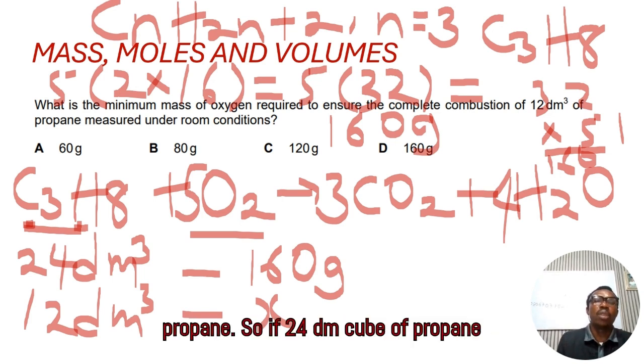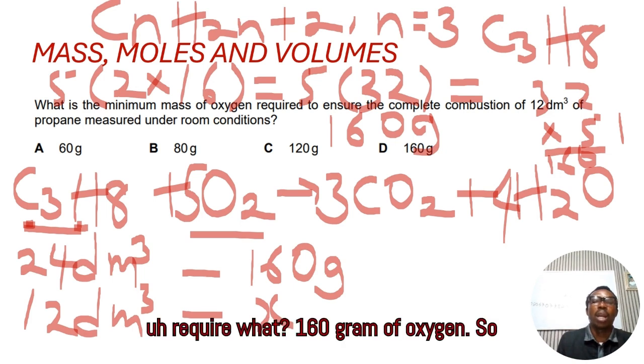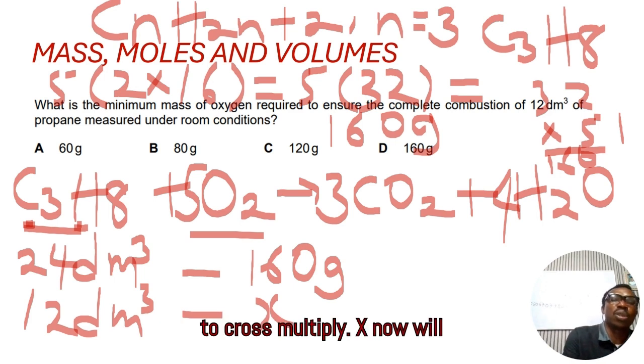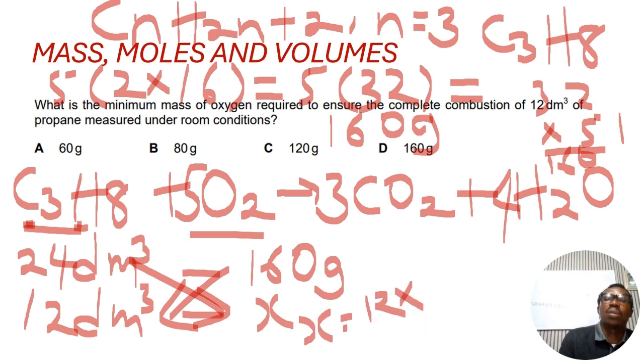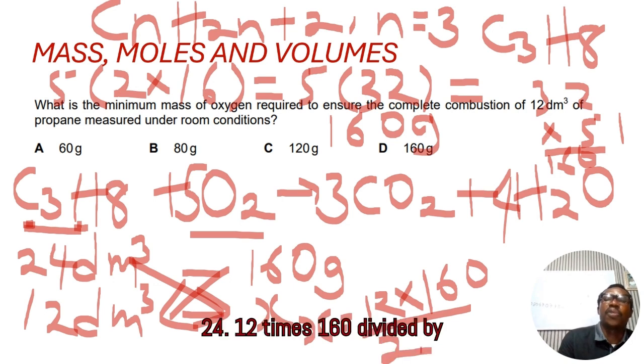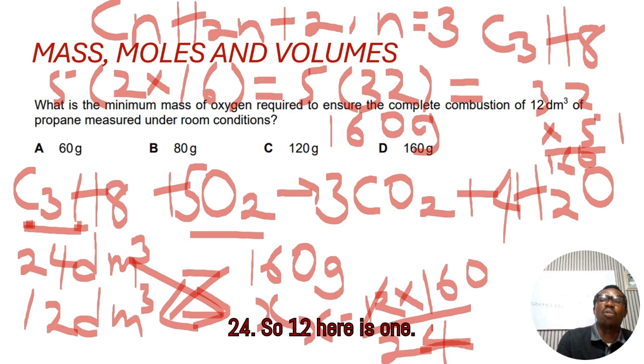So 24 dm³ of propane requires 160 grams of oxygen. So 12 dm³ will require what? So we have to cross multiply. X now will be equal to 12 times 160 divided by 24. So 12 here is 1.